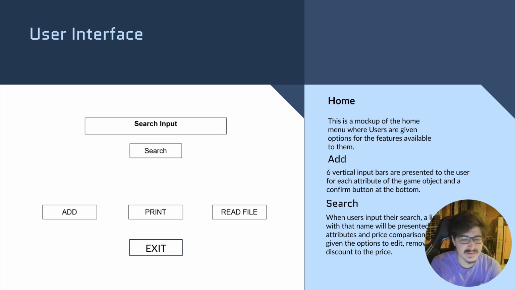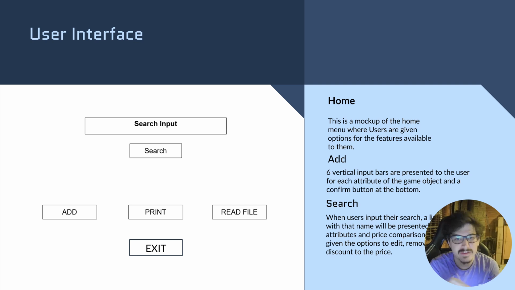When you press print, it'll just give you a list of the games in the list. Reading the file, that'll allow you to select a file to import into the program or into your list. The search input, so you would type in your game name and then press search.